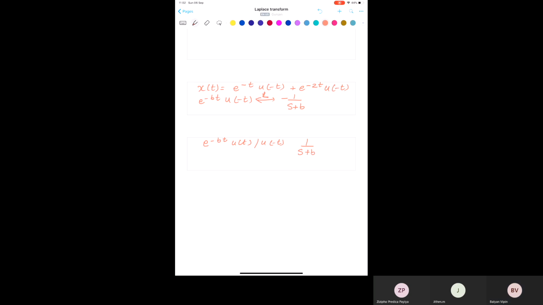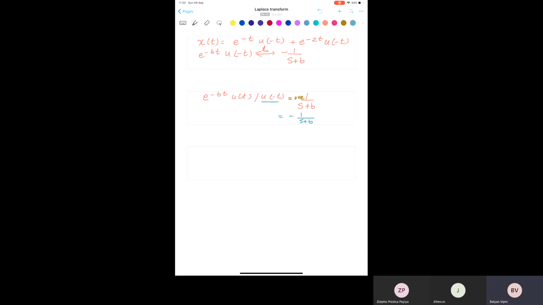If there is a ut, then the sign is positive. If you have a u of minus t, it will be minus 1 upon s plus b.